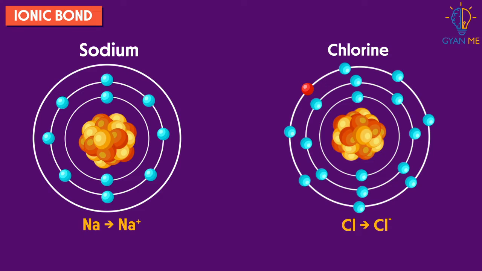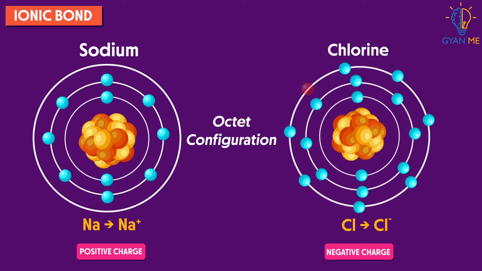In the process of forming compound, the element which gives the electrons develops a positive charge on it, while the element accepting the electron develops a negative charge on it. The whole purpose of this give and take process is to attain stability, that is, octet configuration.